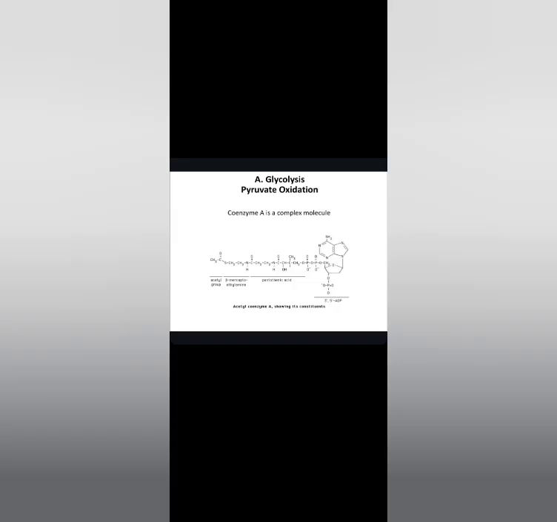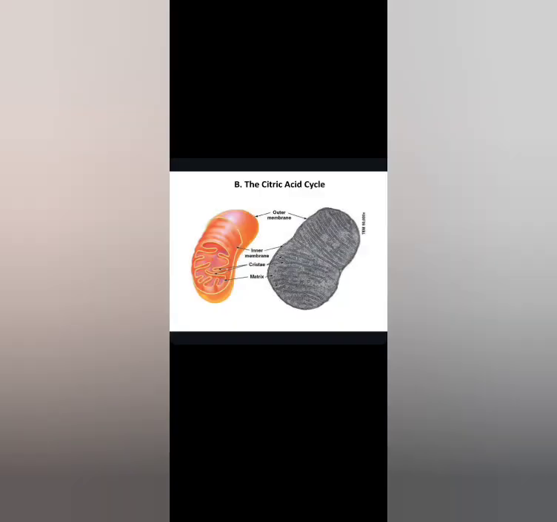It is quite a complex molecular group. It is synthesized from vitamin B5. Your body uses vitamin B5 to make this acetyl-CoA molecule. And acetyl-CoA goes into step 2 of cellular respiration, the citric acid cycle, also known as the TCA cycle.